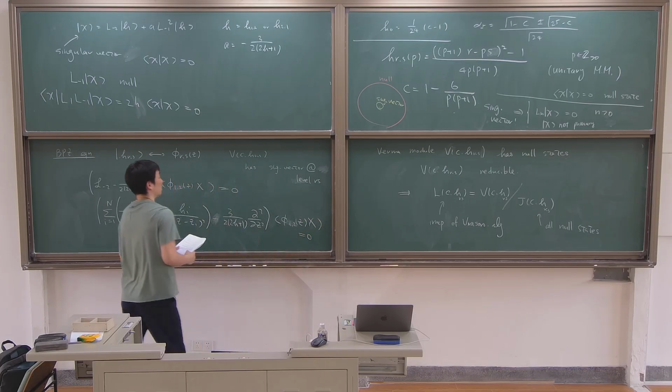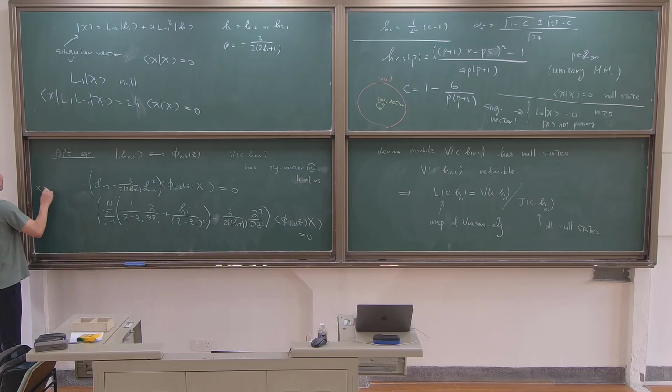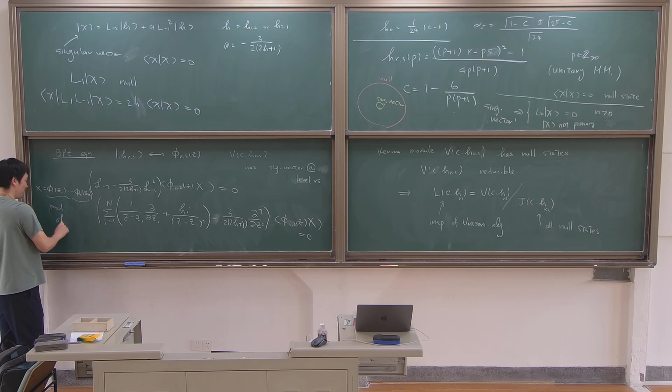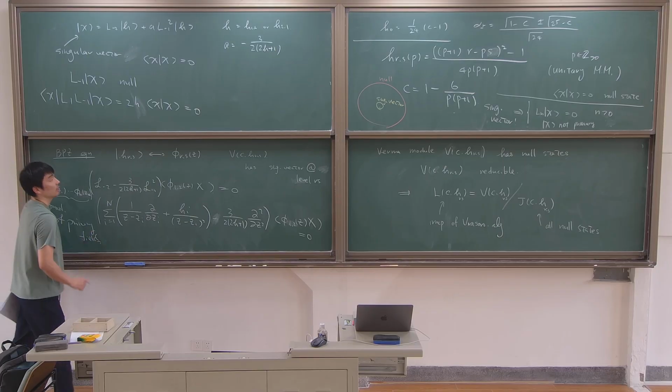Okay, so that's the case. X is the product phi_1(z_1) ... phi_n(z_n), a product of primary fields.